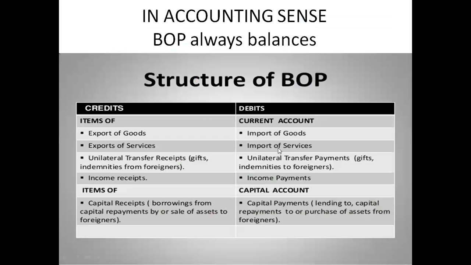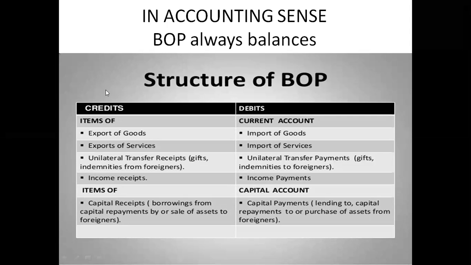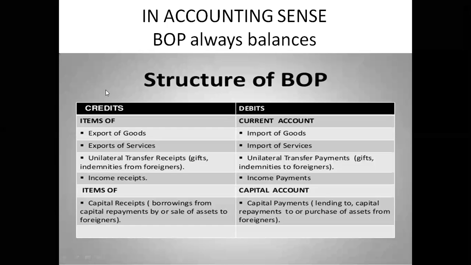We discussed the structure of BOP also. I told you that there are two sides: credit items as well as debit items of BOP. Credit items of BOP means where the money is coming into the economy, and debit side items means where money is being paid outside.